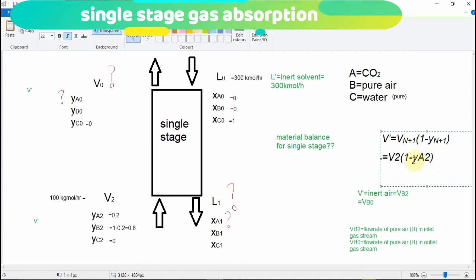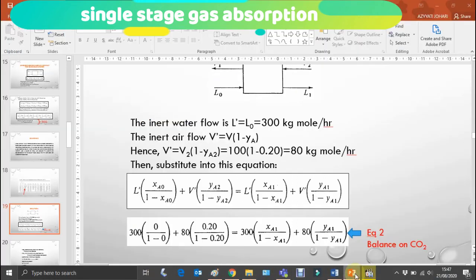So this will be YA2, the value for YA2, with a subscript. And we simplify: V2 is 100 multiplied by 1 minus YA2, which is 0.2. So the answer is 80, like in here.